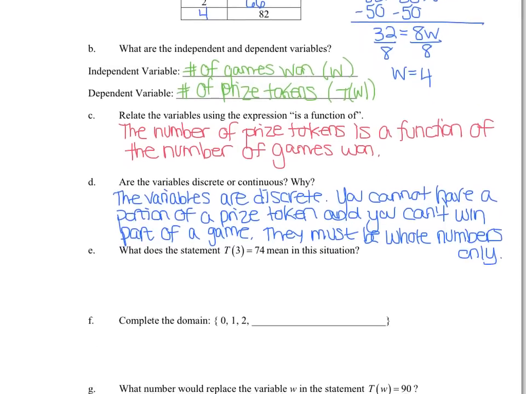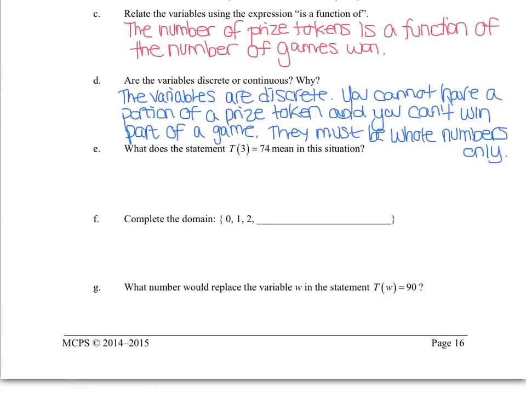Part E says, what does the statement t of 3 equals 74 mean in this situation? Well, remember, 3 is going to be our w, which is the number of games won, and t of w is the number of prize tokens, which is 74.